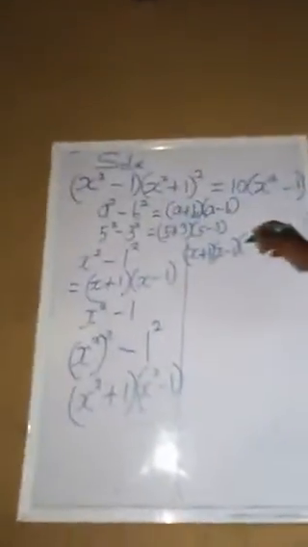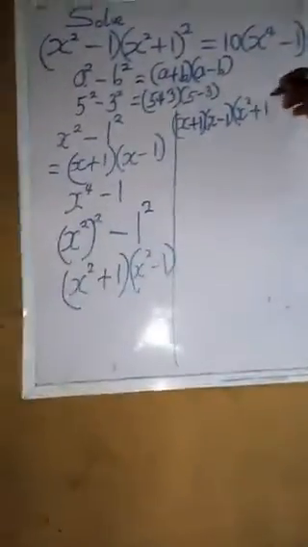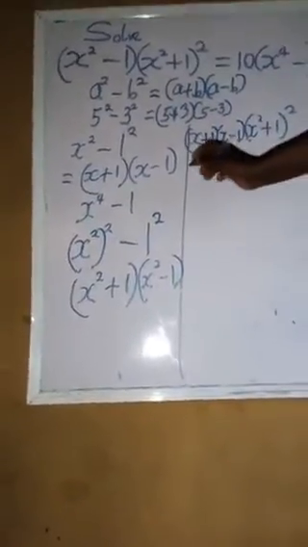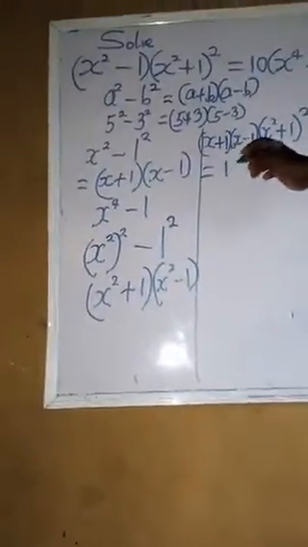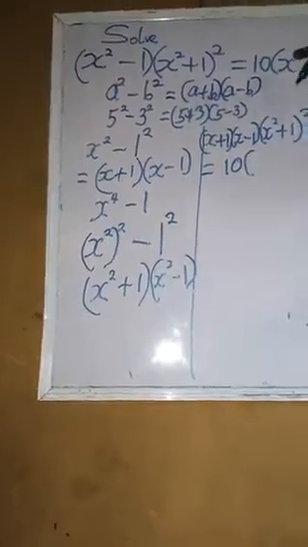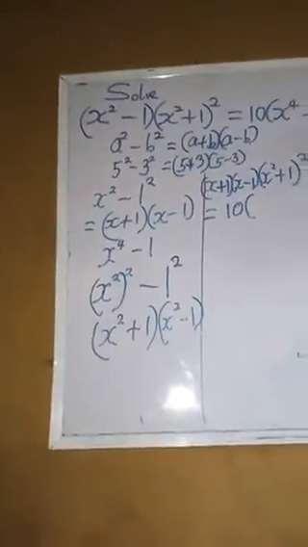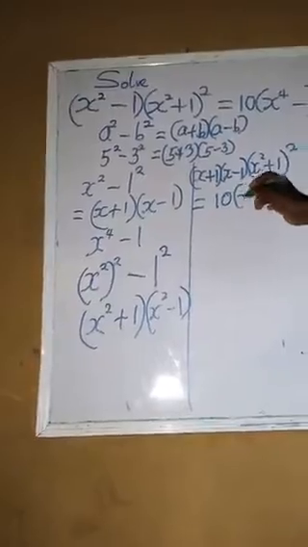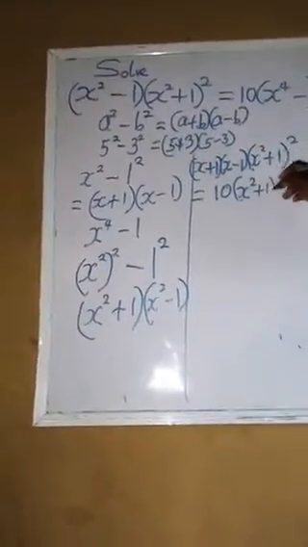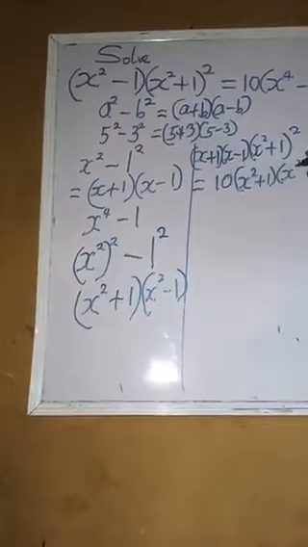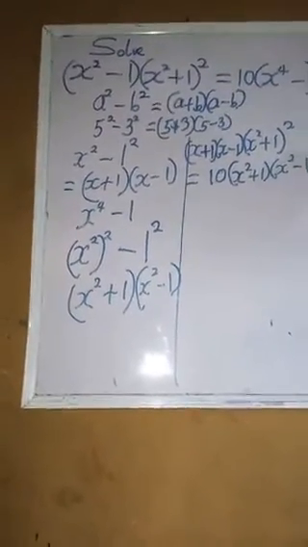So instead of x squared minus 1, now I am going to write x plus 1, x minus 1, times x squared plus 1 all squared, is equal to 10 open bracket. Instead of x raised to power 4 minus 1, I am going to write x squared plus 1 times x squared minus 1.